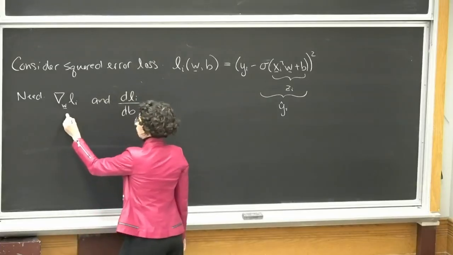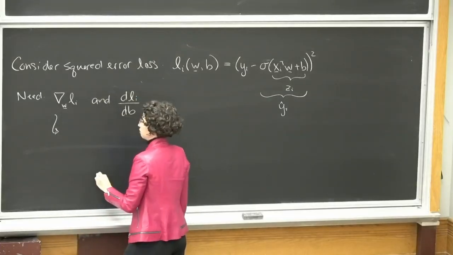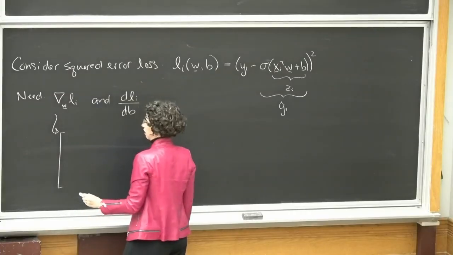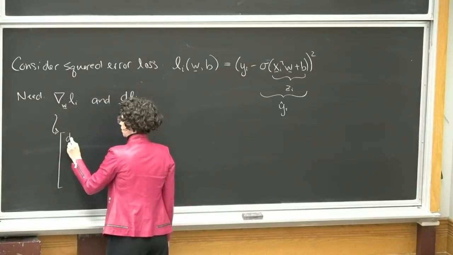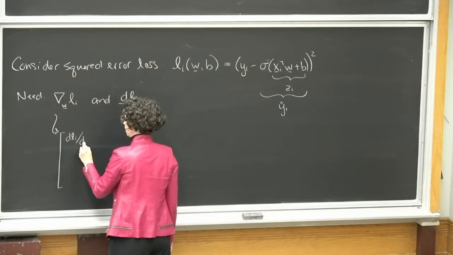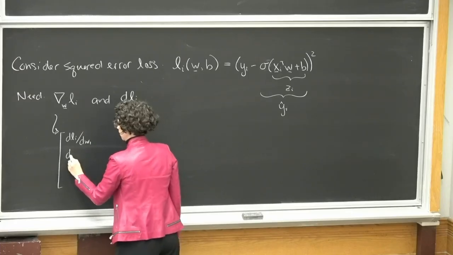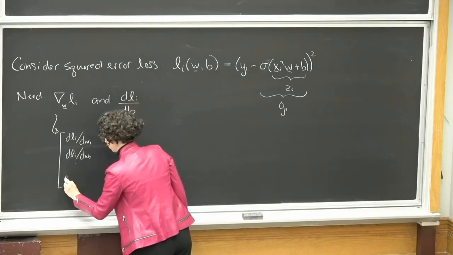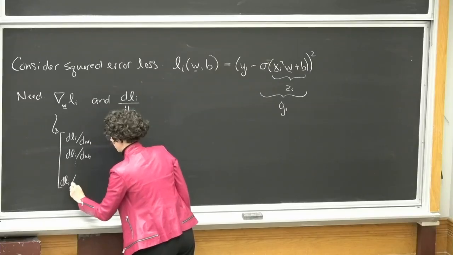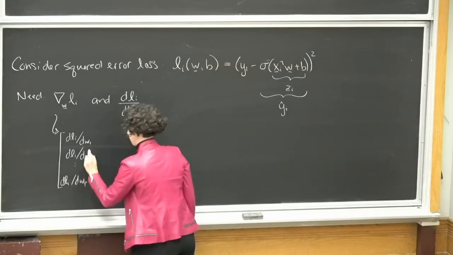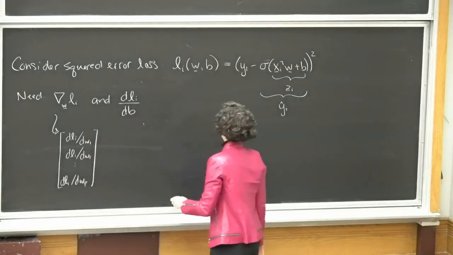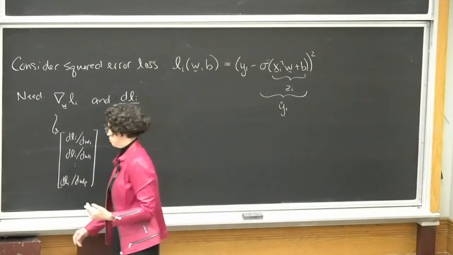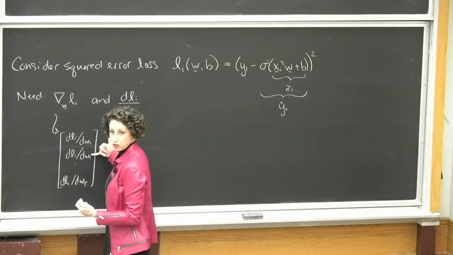So remember that the gradient with respect to a vector W is going to be a vector where I've got dLi/dW1, dLi/dW2, all the way to dLi/dWp. What we're going to do is think about one element of this gradient.